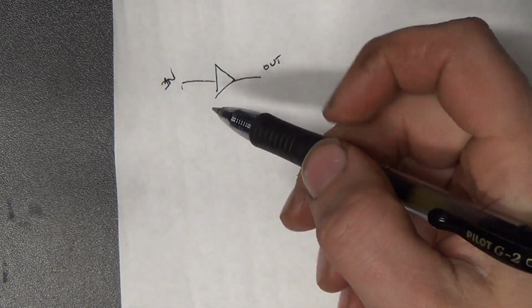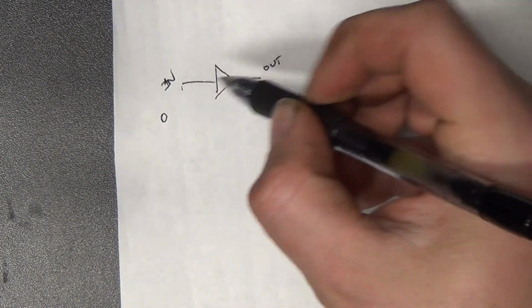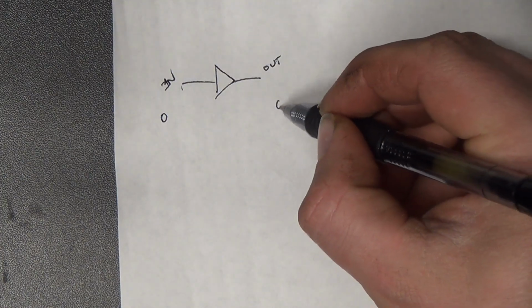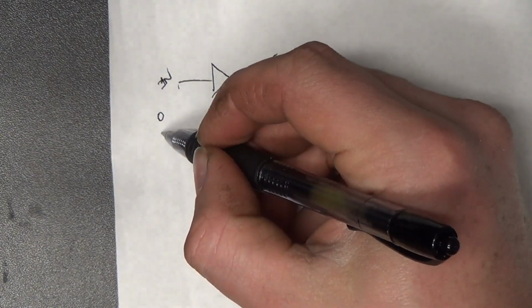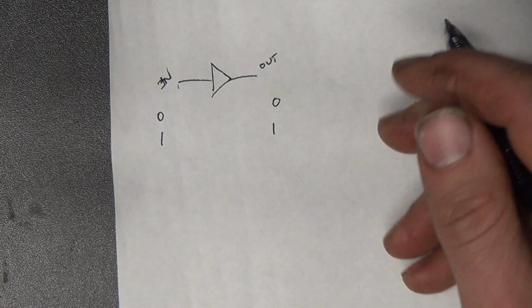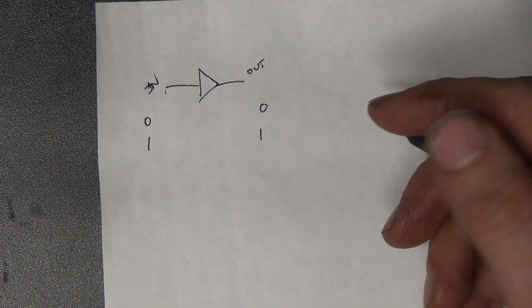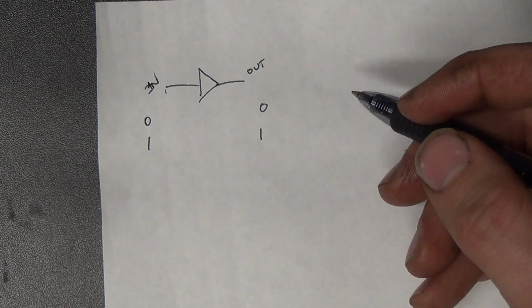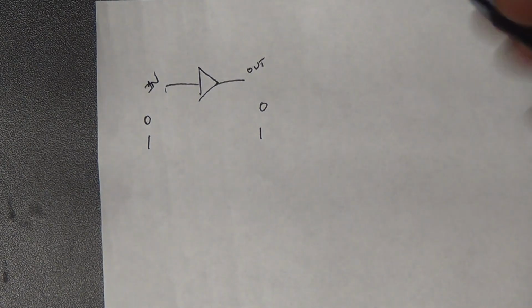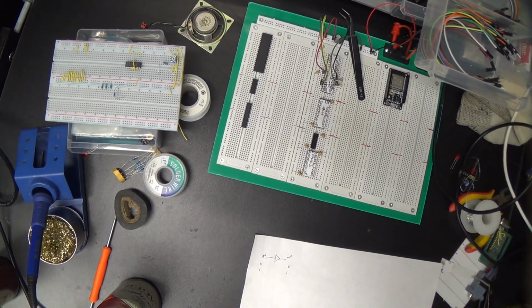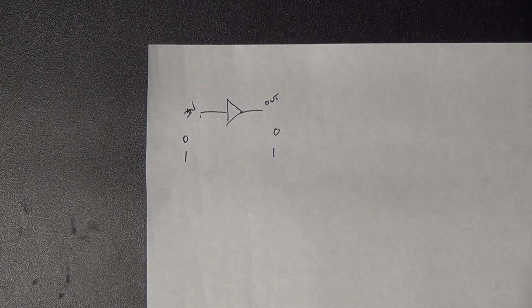And all this does is, if it has a 0 on the input, it puts a 0 on the output. If it has a 1 on the input, it puts a 1 on the output. Hot stuff, right? You're probably asking yourself, what is the point of this? Well, a lot of chips, specifically certain CMOS chips like we have on this breadboard up here, are not capable of sourcing a whole lot of current.